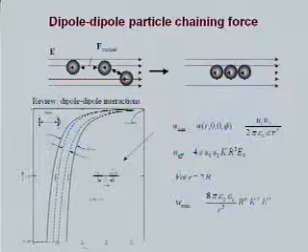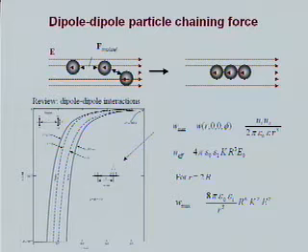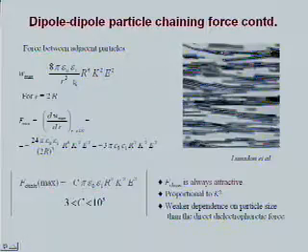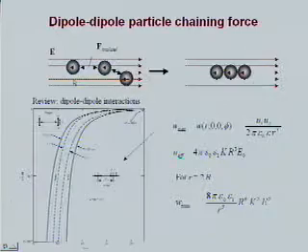Just to finish here, if you remember, we have been discussing what happens when the dipole moments of the particles interact with the field that causes them. We also discussed that when you have 2 particles nearby, the dipole moments in these particles are also going to interact between themselves.